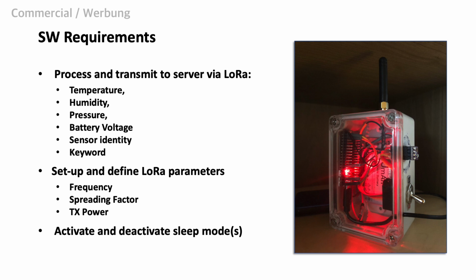Furthermore, the software shall define and control the LoRa parameters like frequency, spreading factor, transmit power, and others. In addition, the software shall activate and deactivate our deep sleep modes.